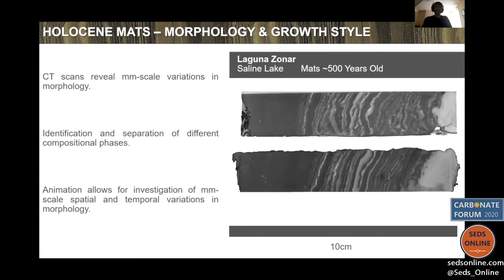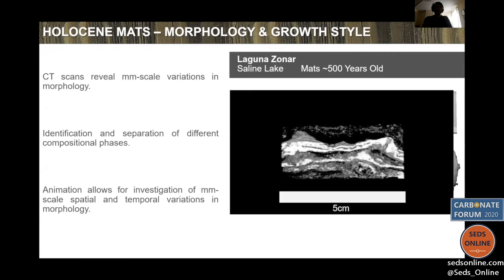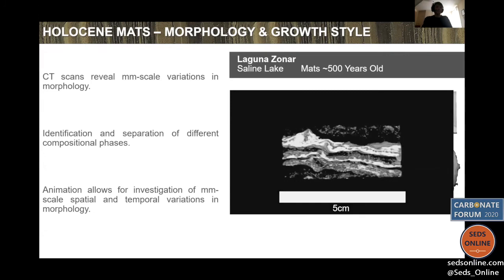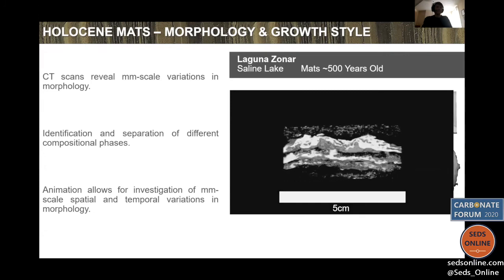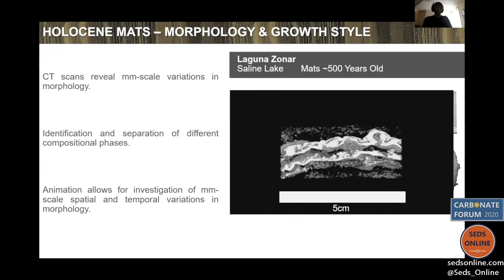This is one example that has been animated, and you can see very nicely how the morphology of the mat changes across a 5 centimeter transect. This is very useful for understanding how the morphology changes, but also where different phases are concentrated within the mats themselves.